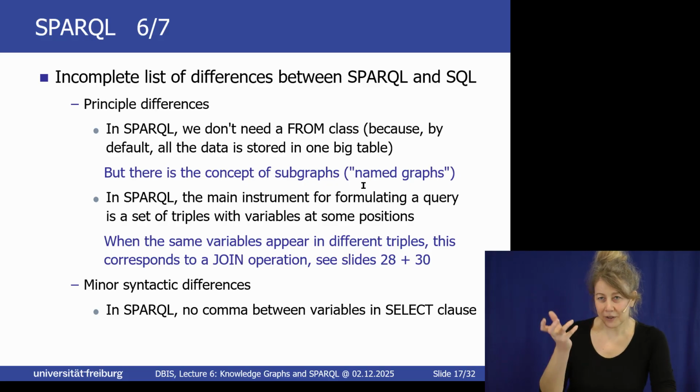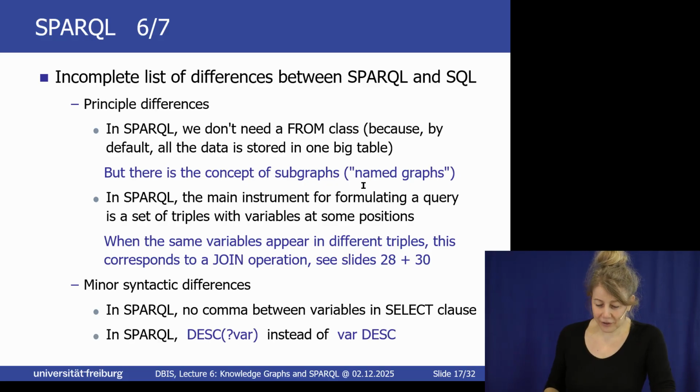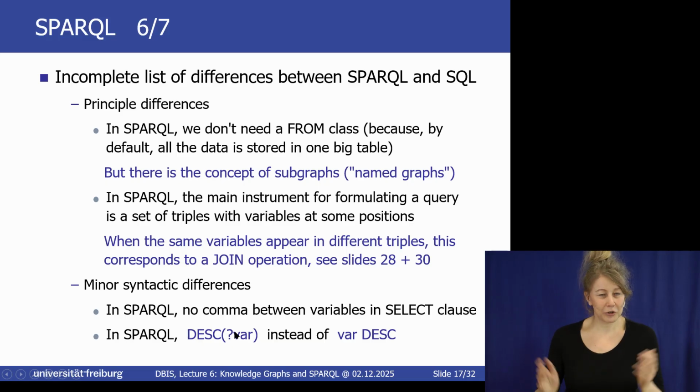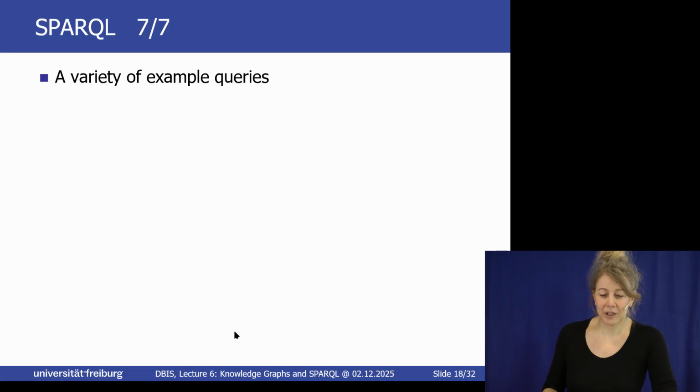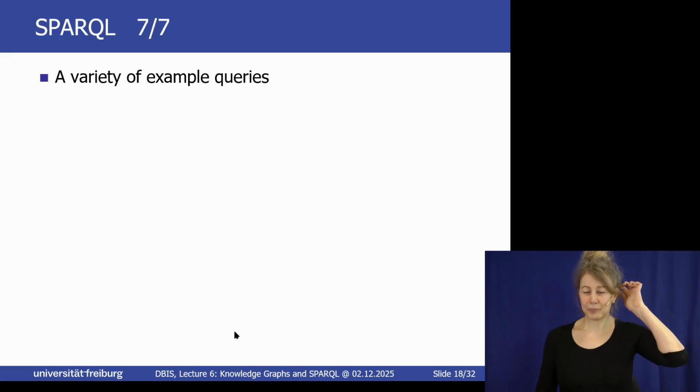All these little syntactic differences. Otherwise, the language gets an identity crisis. And things like this. So in SQL, you write desc as a suffix when you order by, in SPARQL, you write it like a function. But these are really minor differences. Otherwise, they're very similar.